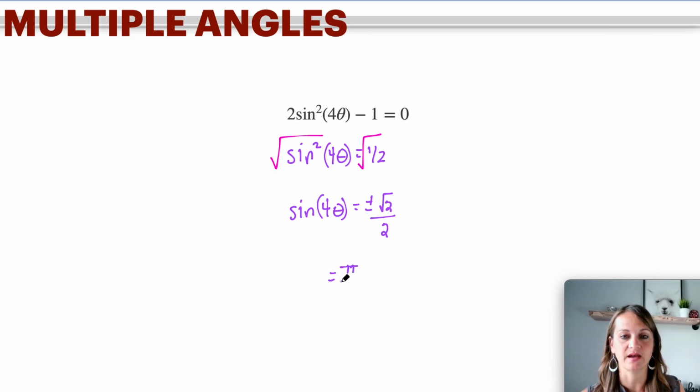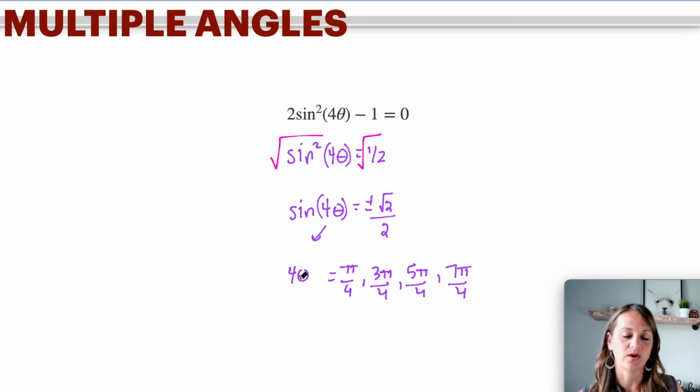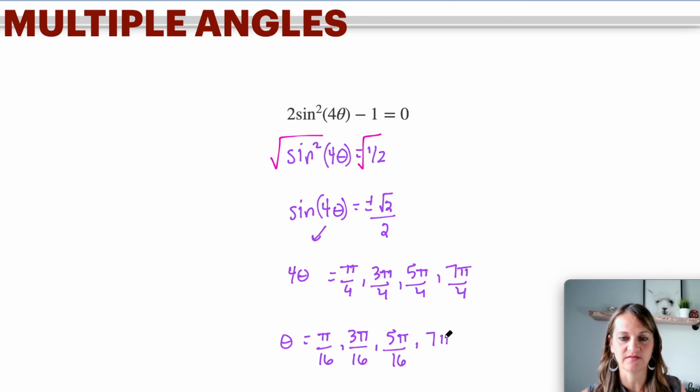And that happens at pi over 4, 3 pi over 4, 5 pi over 4, and 7 pi over 4. But that should be set equal to 4 theta. So I now need to divide everything by 4, and I'll get pi over 16, 3 pi over 16, 5 pi over 16, and 7 pi over 16 as your answer.